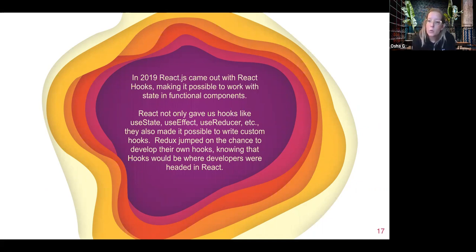We no longer had to worry about this that was happening in class components. We were able to go directly into our state. With functional components, we couldn't actually work with state before. And so hooks allowed us the ability to work with state directly in our functional components with useState and useEffect.